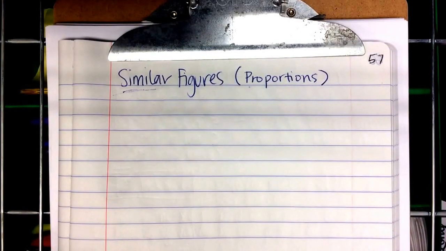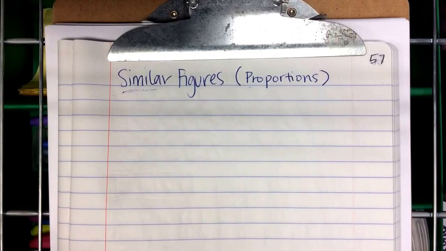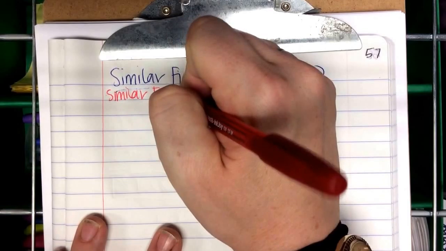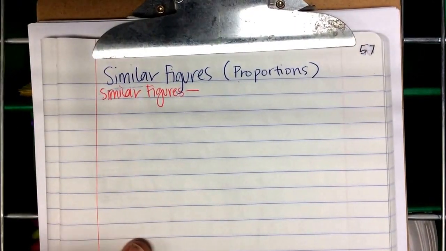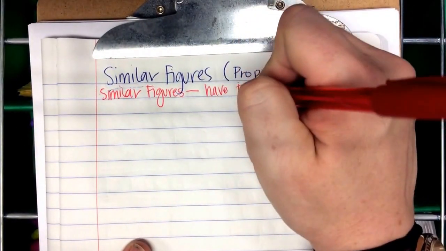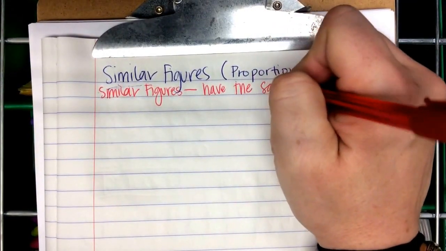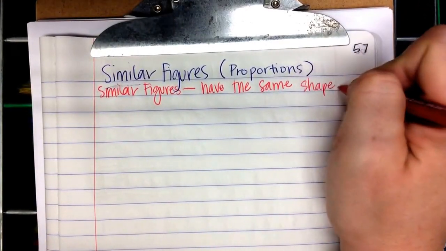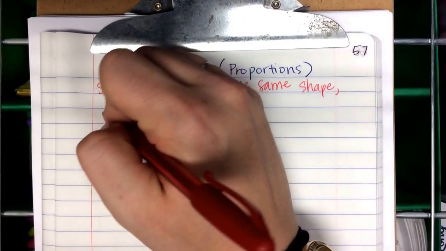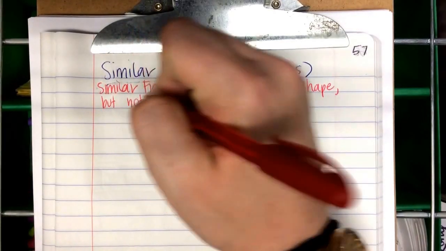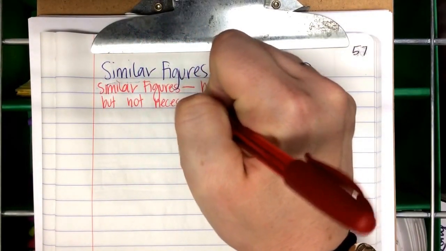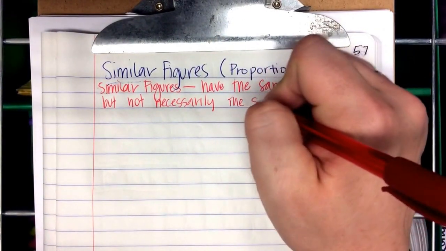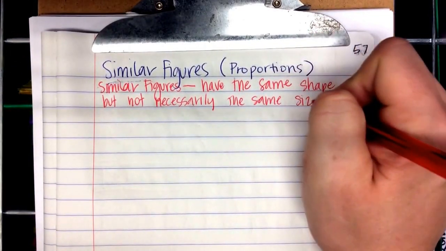So first, let's begin by defining similar figures. Similar figures, by definition, have the same shape but not necessarily the same size.